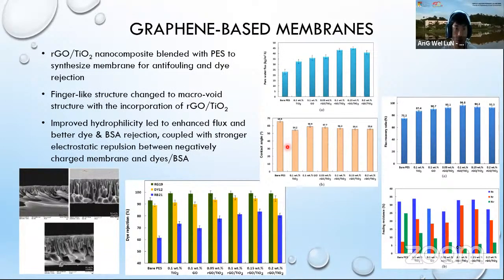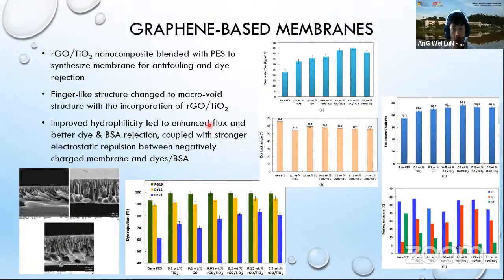And we have more examples of how the incorporation of this, a reduced graphene oxide and titanium oxide, is actually to incorporate photocatalytic performance into the membrane itself. Okay, so previously I told you that a membrane is just for filtration, but if you incorporate this titanium oxide, you get an additional functionality.